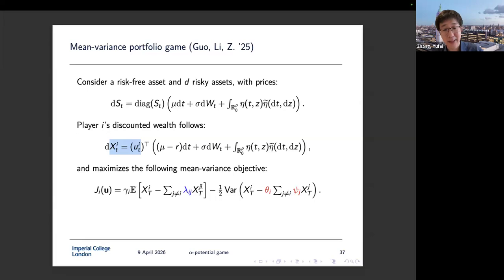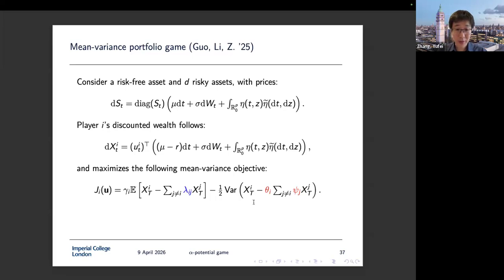And then player i tries to maximize this mean variance objective, relative to other players, in the sense that player i wants to outperform the other players' terminal wealth through this aggregated form. At the same time, there is a certain penalization over the deviation of this performance gap. Here lambda_ij, theta_i and psi_j are just some positive parameters.